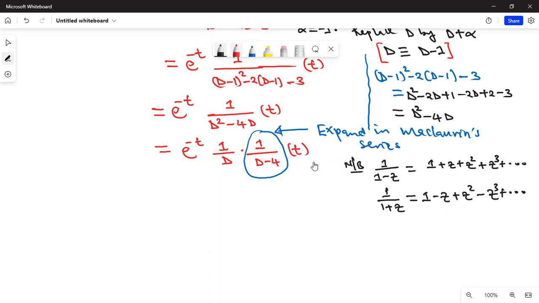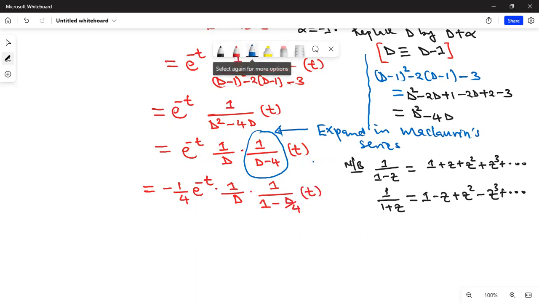Before I expand, this can be written as -1 over 4 exponential -t times 1 over D times 1 over 1 minus D over 4, operating on t. So now this is what I need to expand. You see now it is in the form of 1 over 1 minus z. This is what I need to expand in Maclaurin's series.